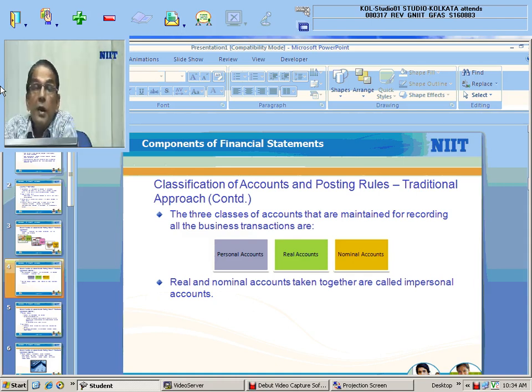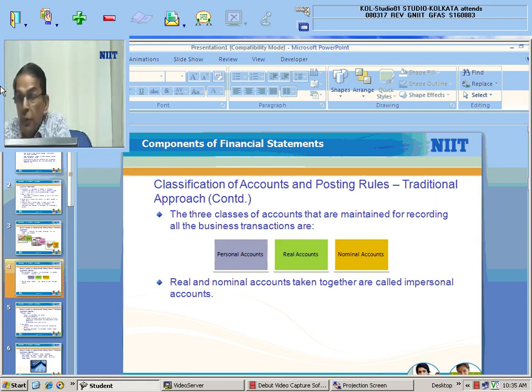One we call personal accounts, where transactions relating to a person will be recorded. One we have real accounts, where transactions relating to property will be recorded. And we have nominal accounts, where transactions relating to income or expenses will be recorded.